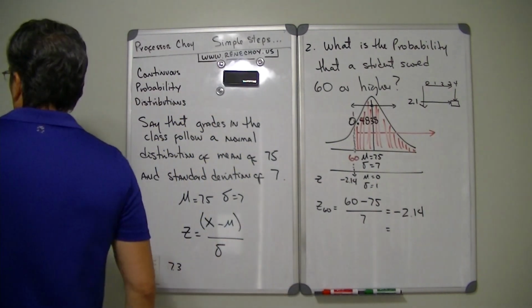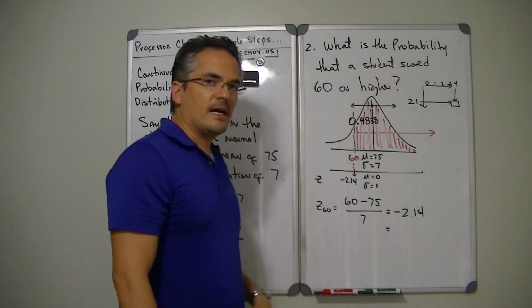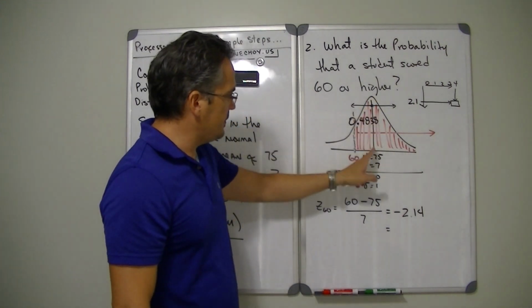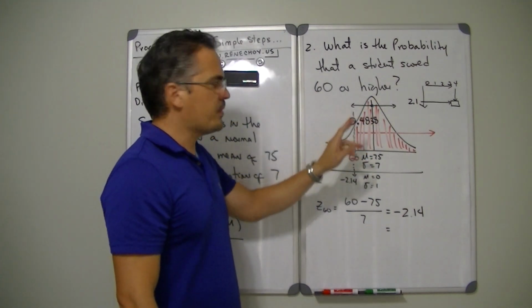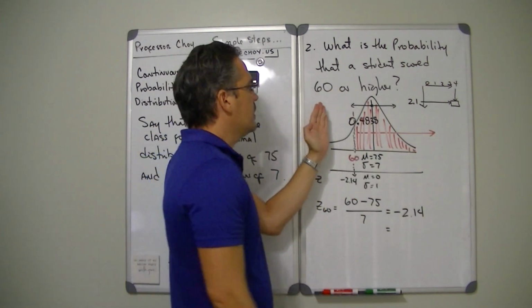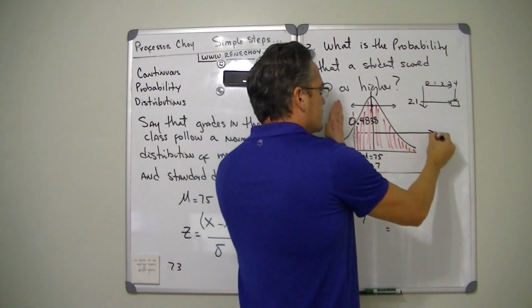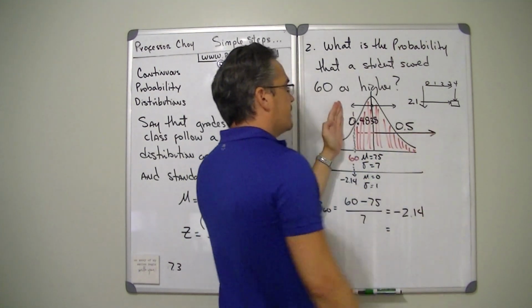Now, unfortunately, that's not the question that they're asking us. The question is not just the probability between the center and 60, but the probability higher than 60. The good news is that we know that when we split a normal curve in half, this half is going to be 0.5.